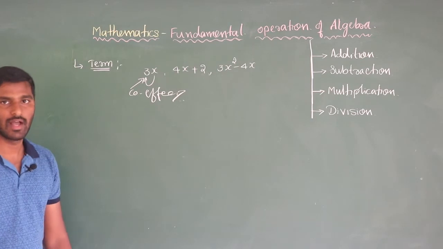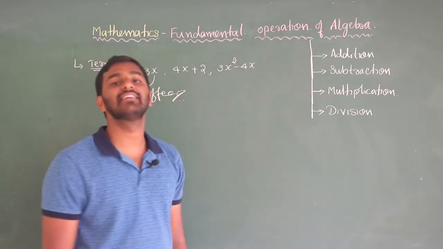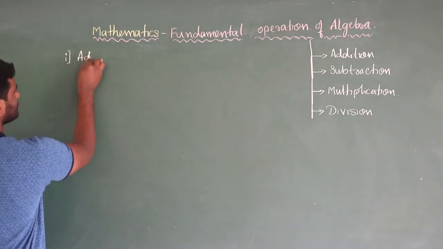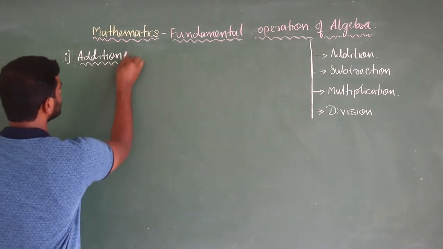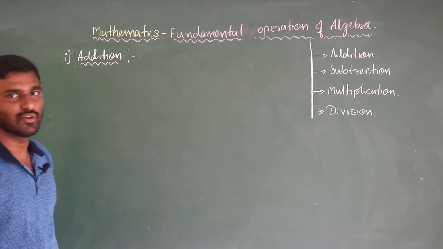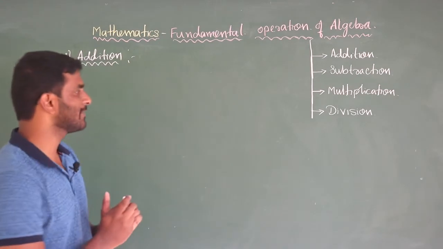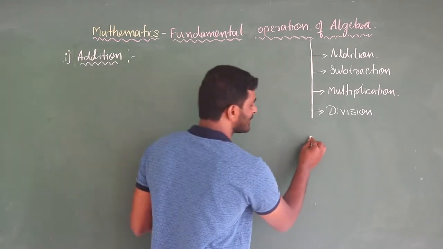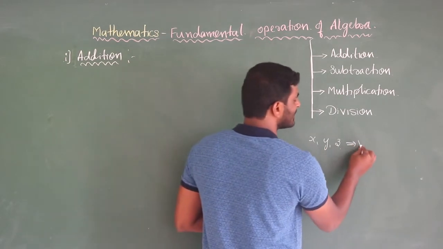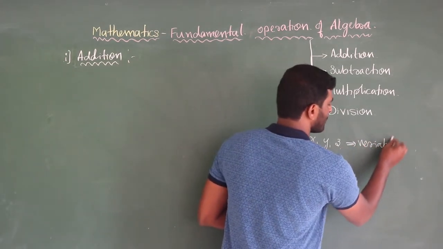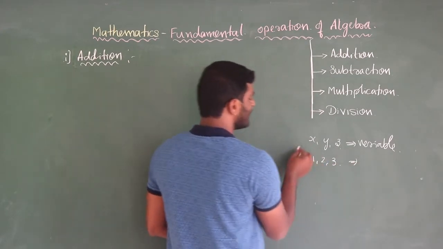Yes. Let us take the addition concept. First, the addition. Which concepts are there in addition? Variables and constants. Variables are denoted by x, y, z, and also by small letters a, b, c, d.